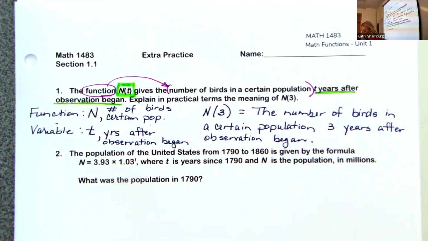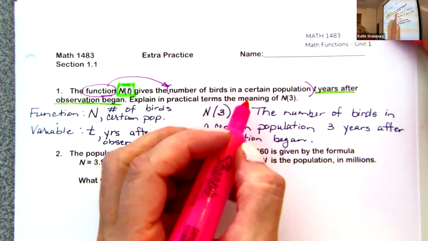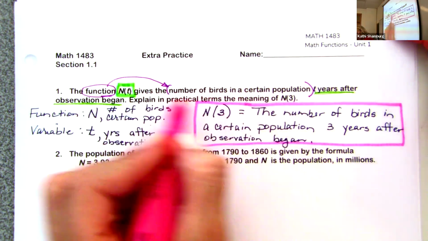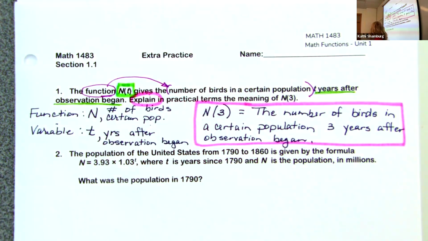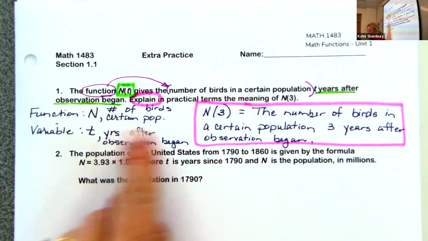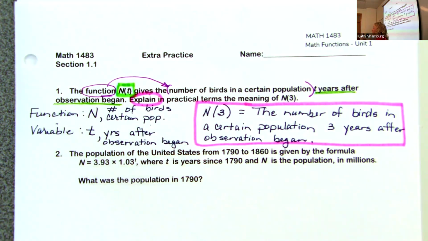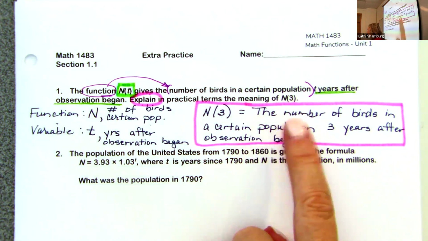Period. This is the answer to the question being asked, explain. The earlier defining was not part of the answer, but taking the time to do that makes this a whole lot easier.